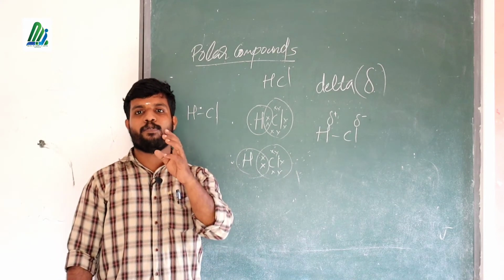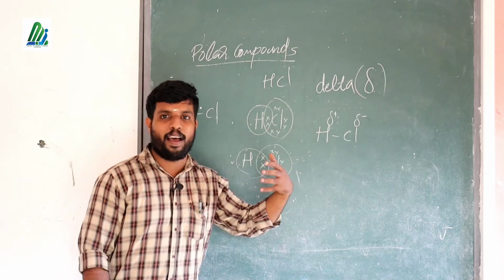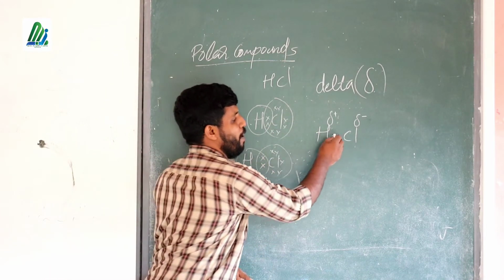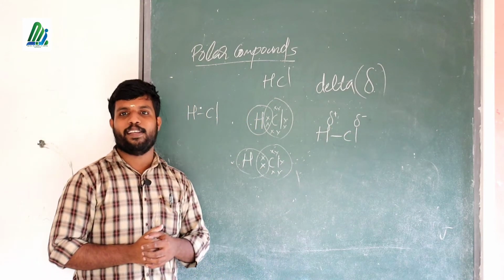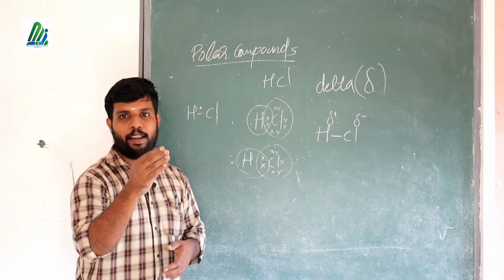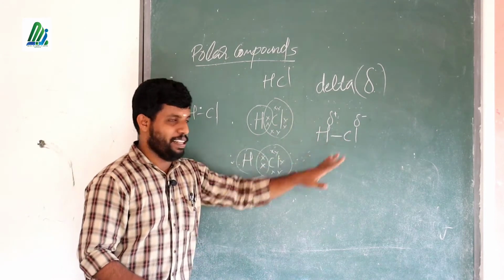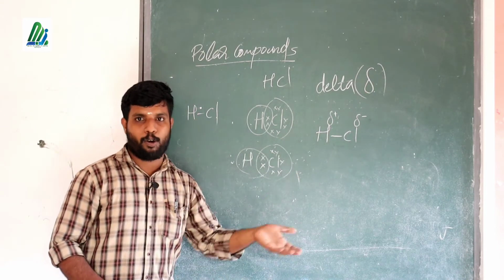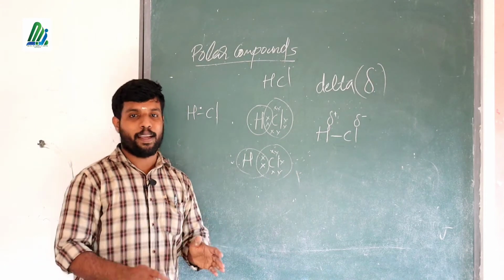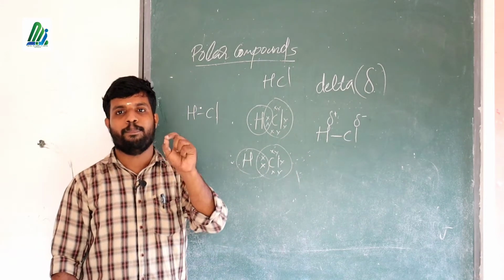Such types of compounds are known as polar compounds, and this nature is known as polar nature. This type of covalent bonding, with partial charges, is known as polar covalent bonding. So polar nature is the nature of forming partial charges, the compounds that have partial charges are known as polar compounds, and the bonding in them is known as polar covalent bonding.